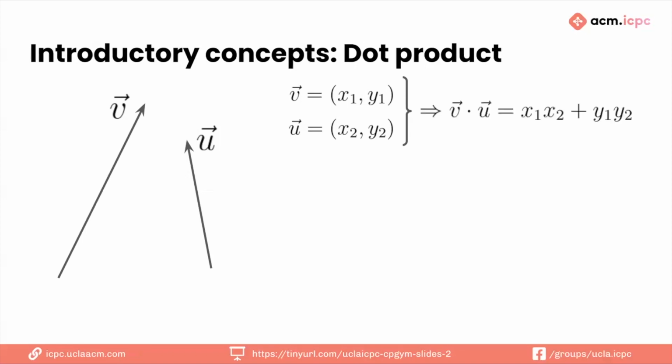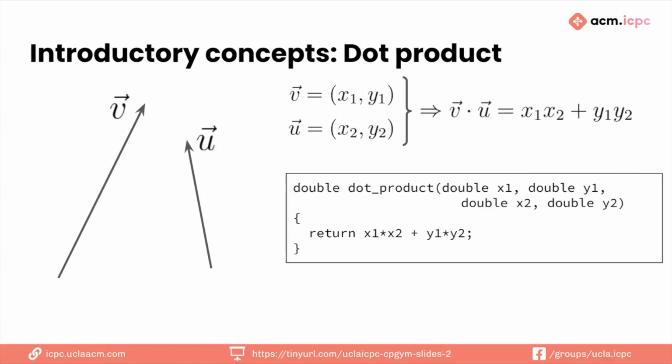So this is also pretty easy. Essentially, you need to multiply the first terms and the second terms, and a very easy C++ function that can find the dot product for you is essentially copying down the formula and returning the result. This can be extended for higher dimensions, 3 dimensions, and more. So any questions so far?